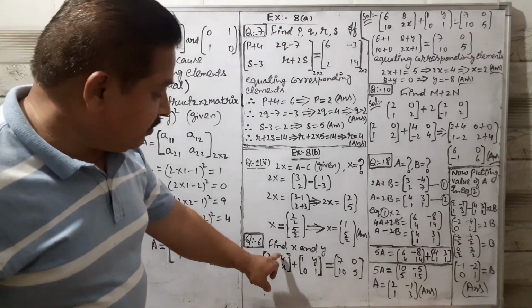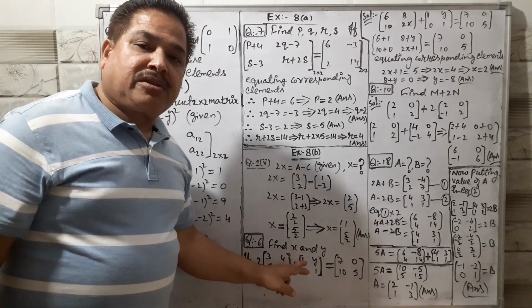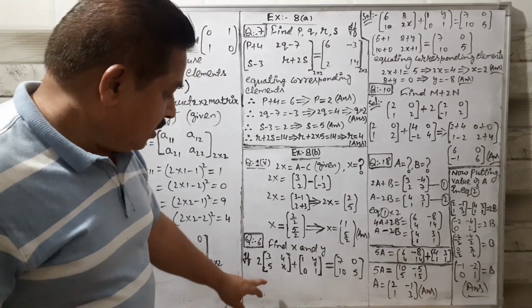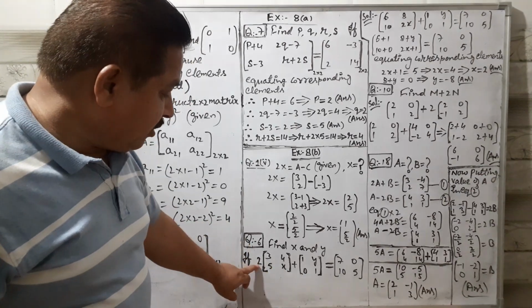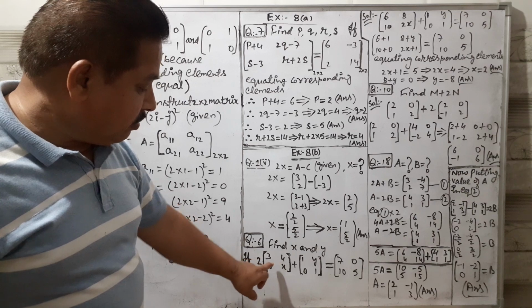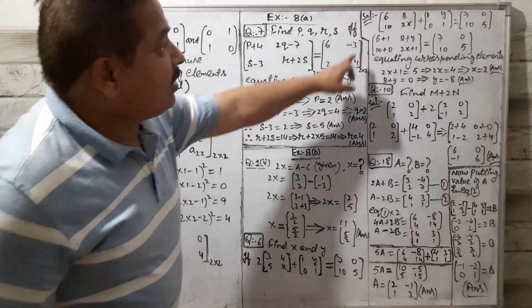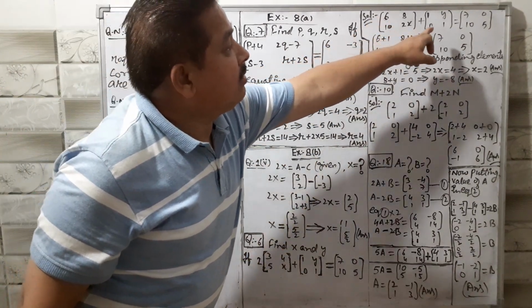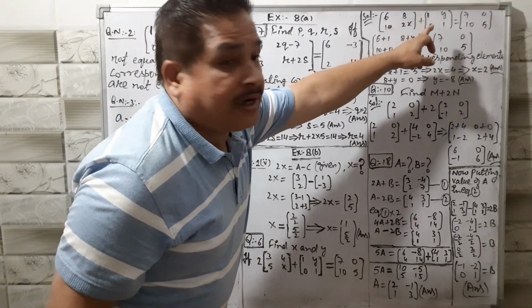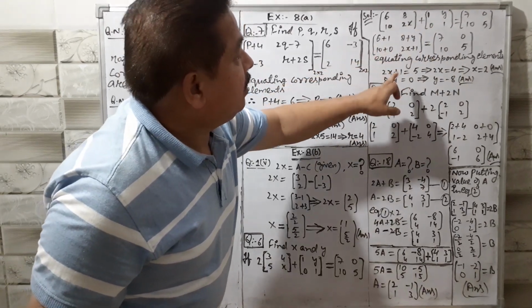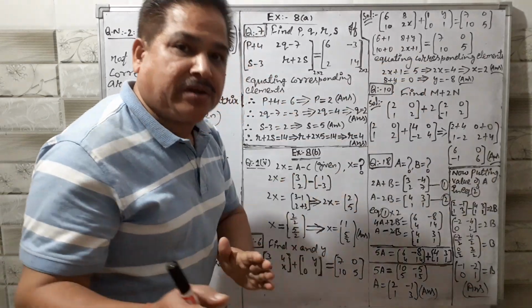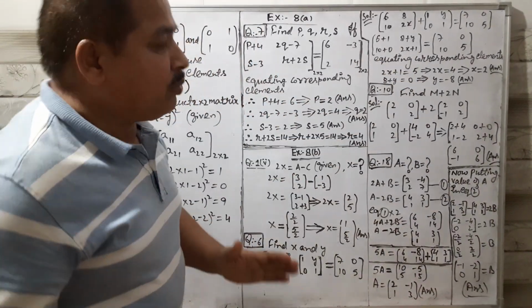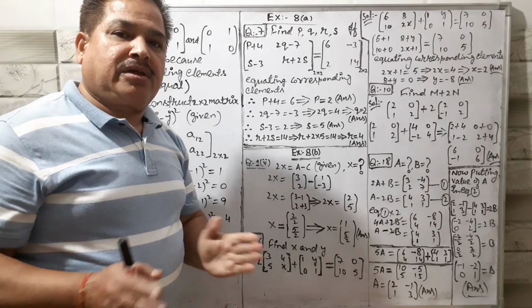Now come to question number 6. In question number 6, again find x and y. These two matrices are given in plus form. Take this 2 inside of this matrix by multiplying. So it will come like this. After this, add both the matrices. Then after that, equate, because we have to find out the values of x and y.